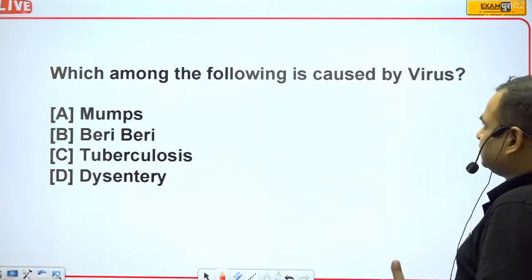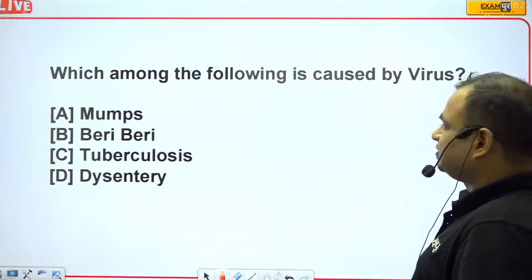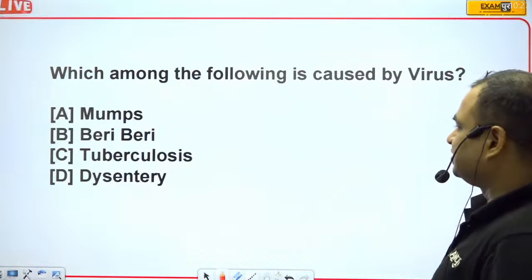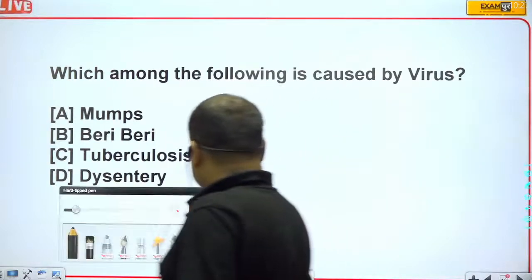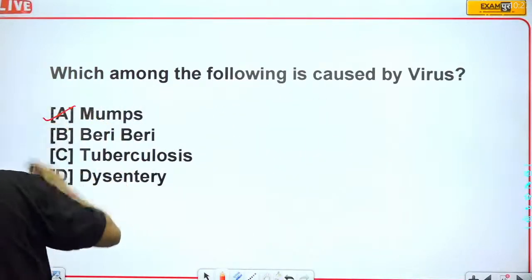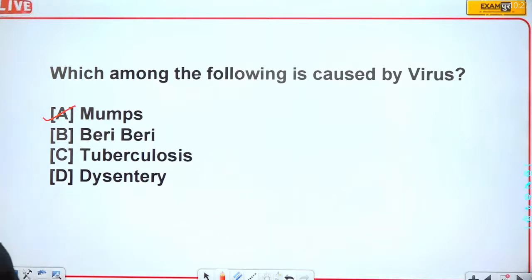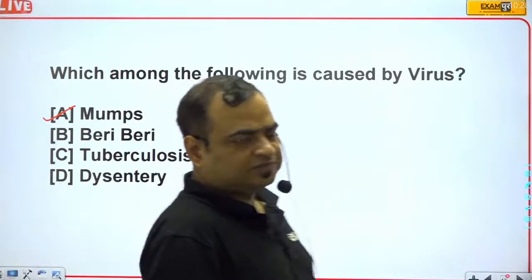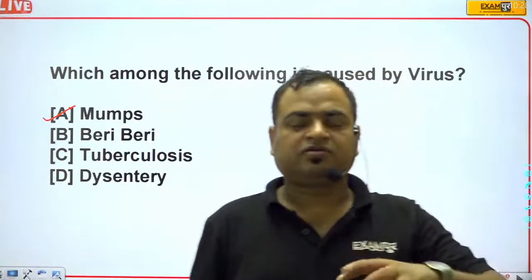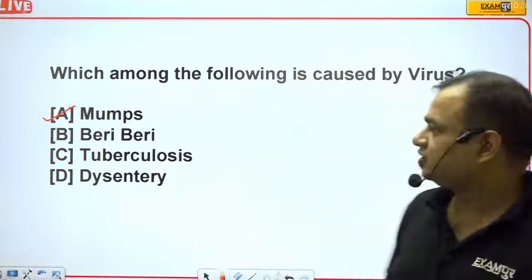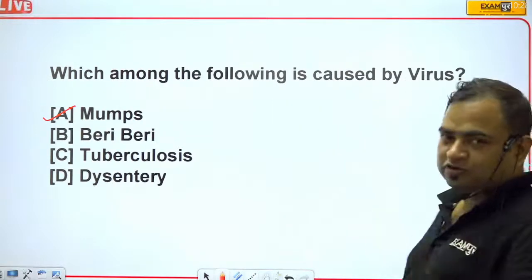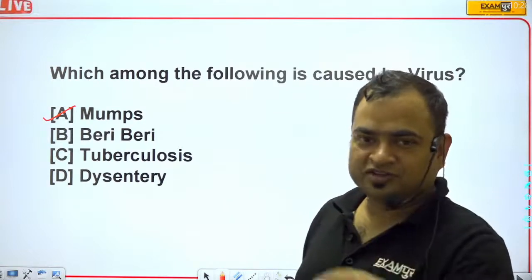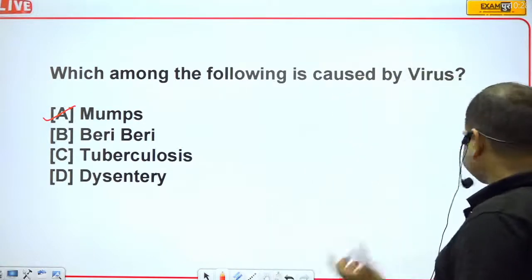Which among the following is caused by a virus: mumps, beriberi, tuberculosis, dysentery? So here, my dear students, mumps, A part, is the correct answer. The initial symptoms of mumps are fever and body pain. So you will have to go to a doctor so that he or she can make sure that this is mumps.